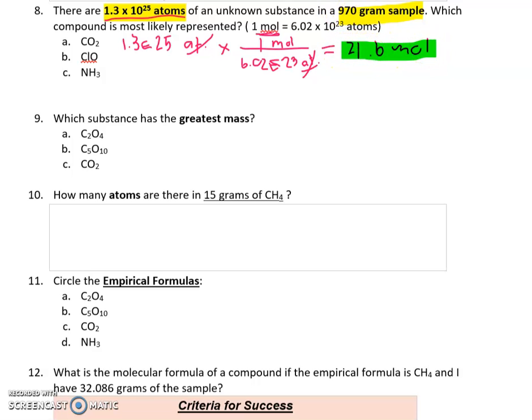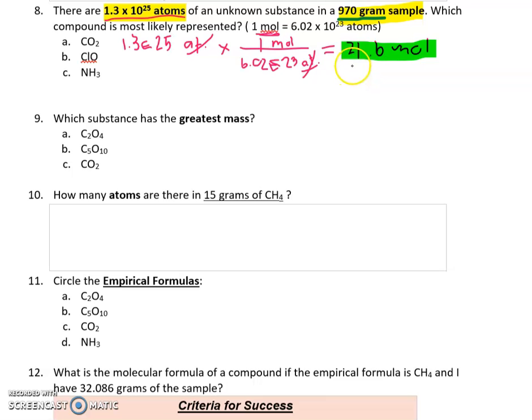Okay, so now that we got to this point, we know that whatever is in here has 21.6 moles. The problem is telling you that the total mass of this is 970 grams, and they give you choices as to which one it could be. So what you have to do, you know that the mole amount, you can multiply the moles times the molar mass to find out the total mass, right?